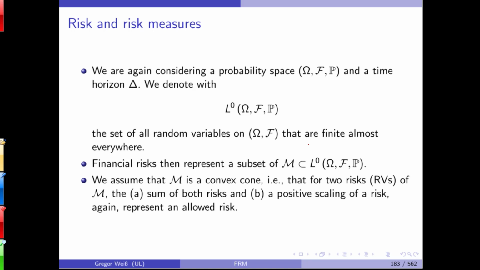And again, we'll start with risk measures being random variables on a probability space. Zufallsvariablen auf einem Wahrscheinlichkeitsraum. We denote with L0 the set of all the random variables that are finite almost everywhere. This is a formal requirement. You do not need to memorize this.